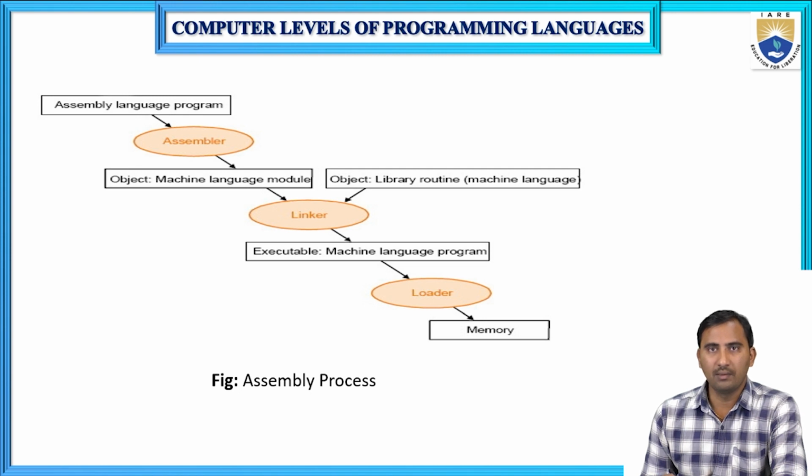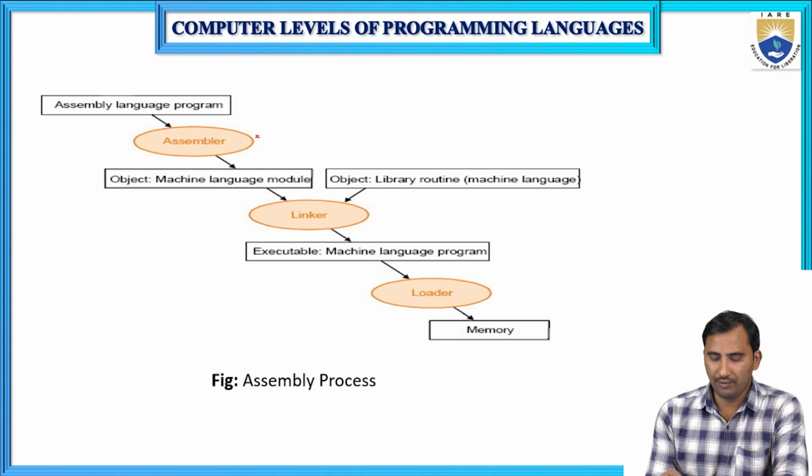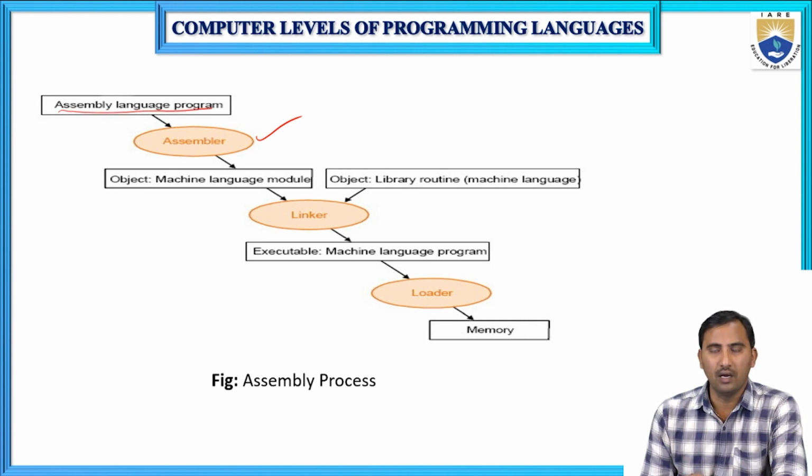This is the assembly process. Initially we have an assembler. To the assembler we give the assembly language program as input. The assembler converts it into a machine language module.